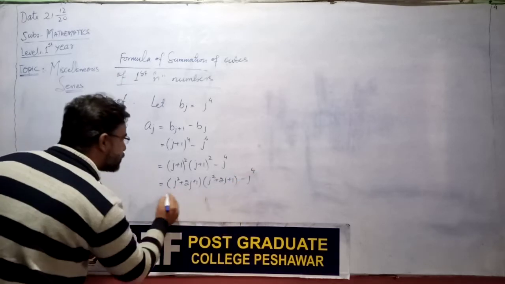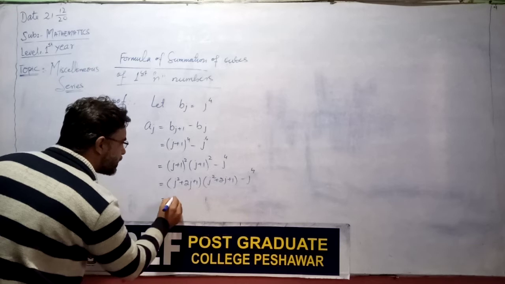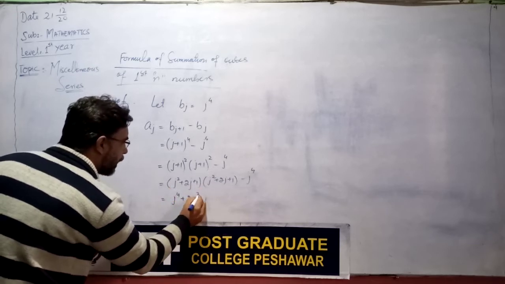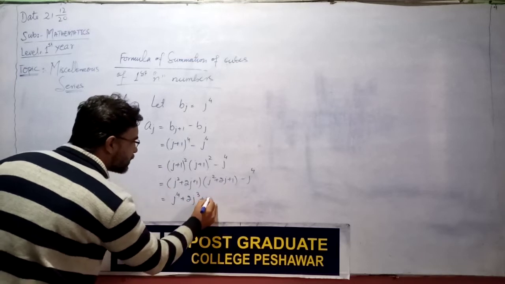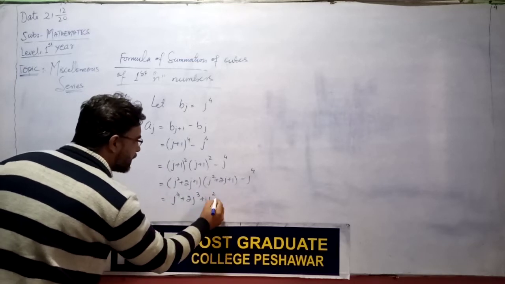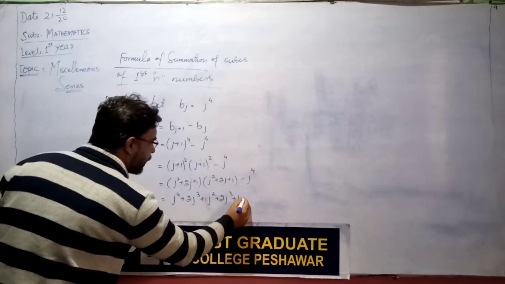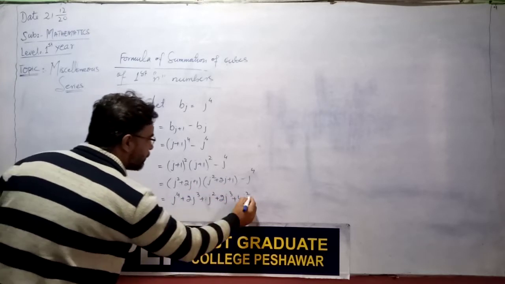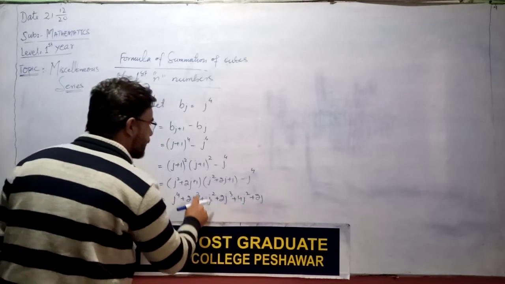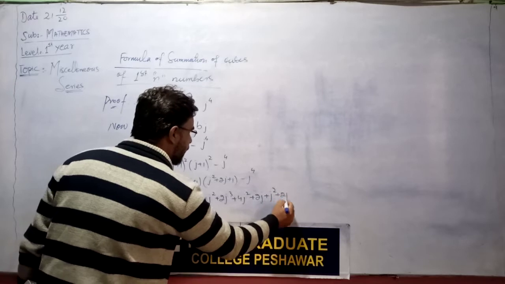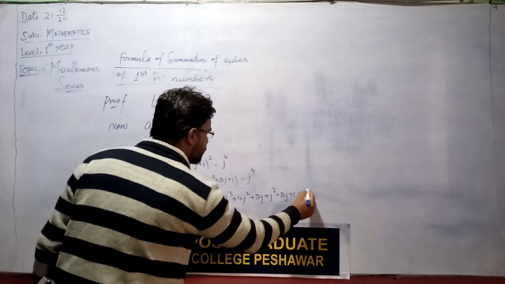Now multiplying these two terms, you will get j^2 with this j^2 giving j^4, j^2 with 2j giving 2j^3, j^2 with 1 giving j^2, then 2j with j^2 giving 2j^3, 2j with 2j giving 4j^2, 2j with 1 giving 2j, then 1 with j^2, 2j and plus 1, minus j^4.